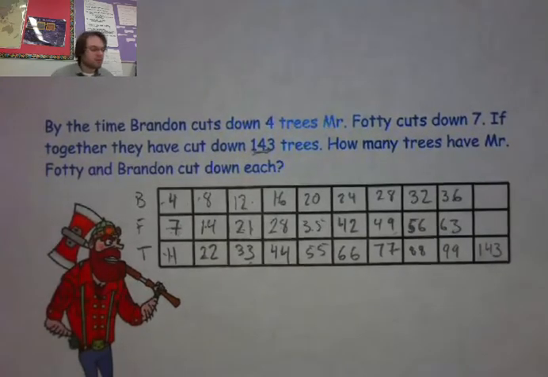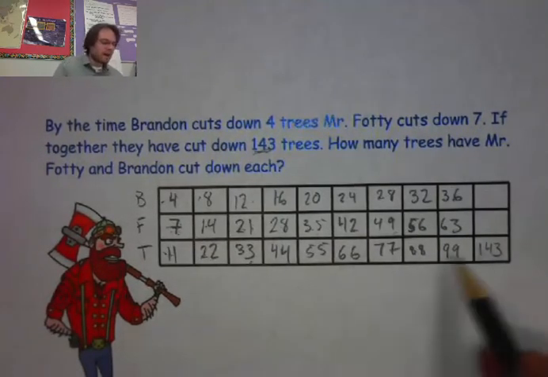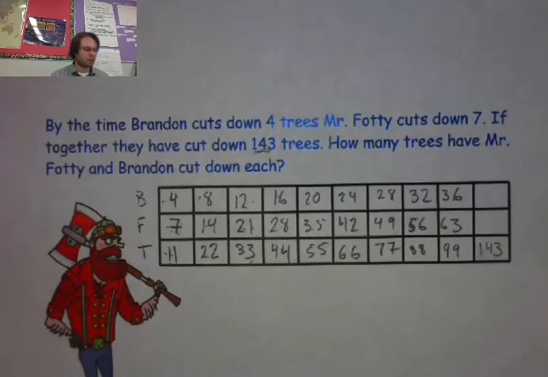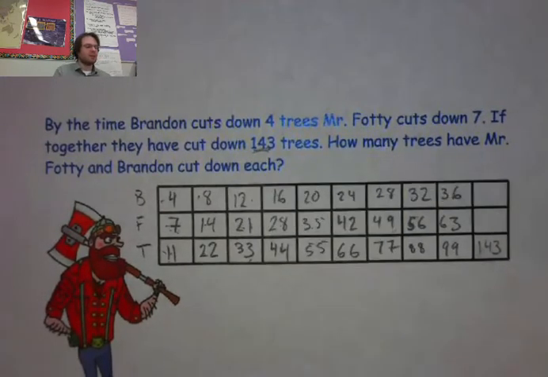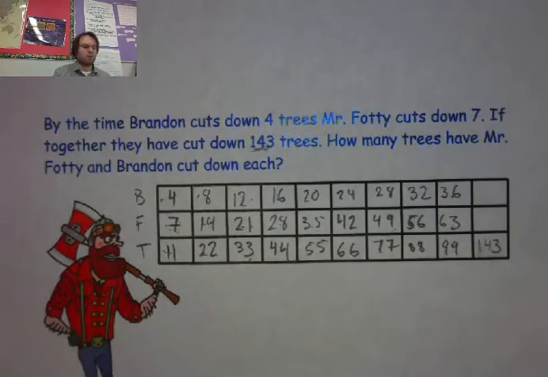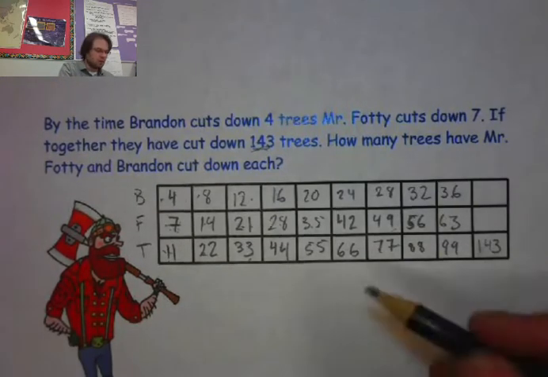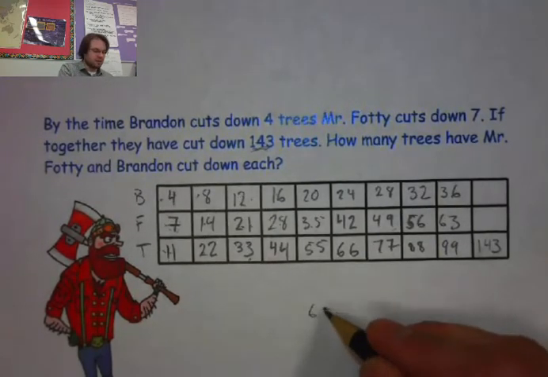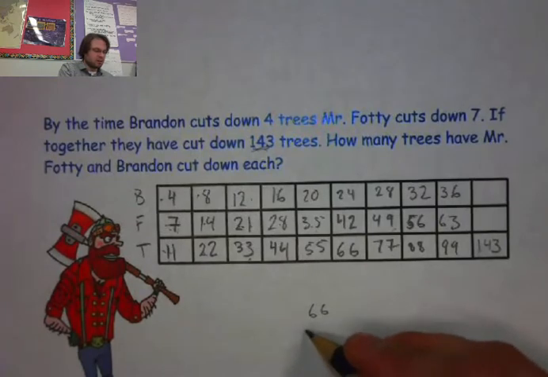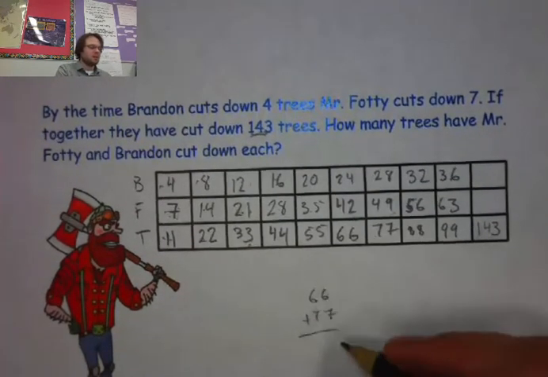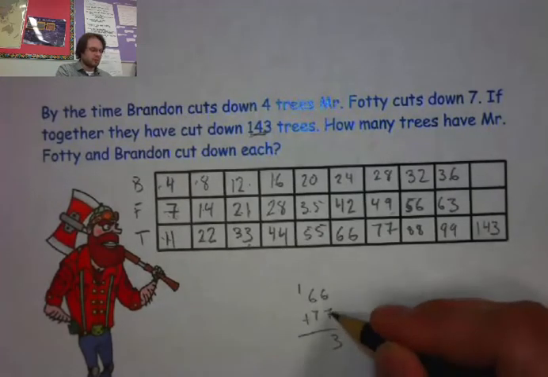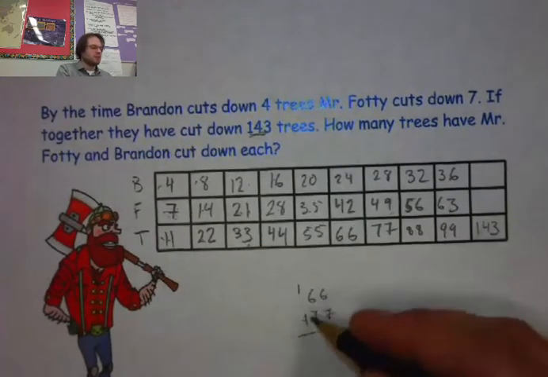Okay, so now we have to find which of these add up to give me 143. Well, I look at this here, 66 plus 77, I think that will give me 143. Well, let's take a look. So if I go 66 plus 77, add that up. 6 plus 7 is 13.